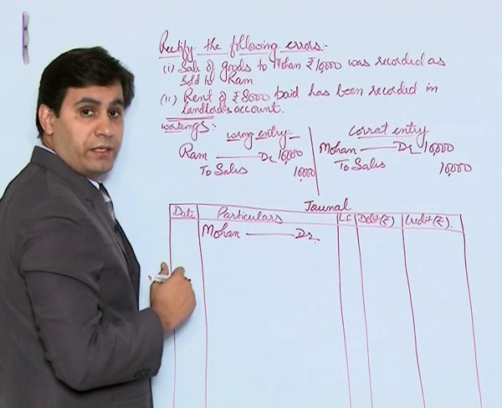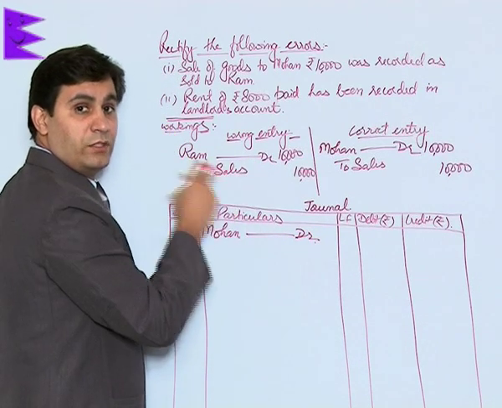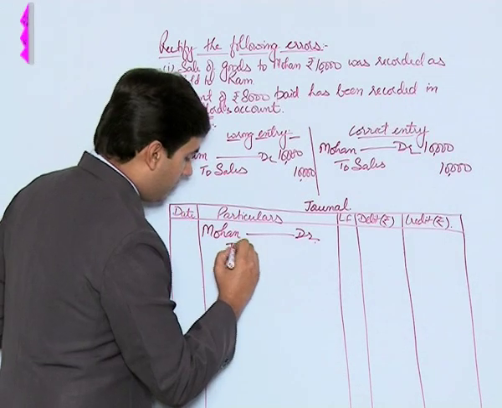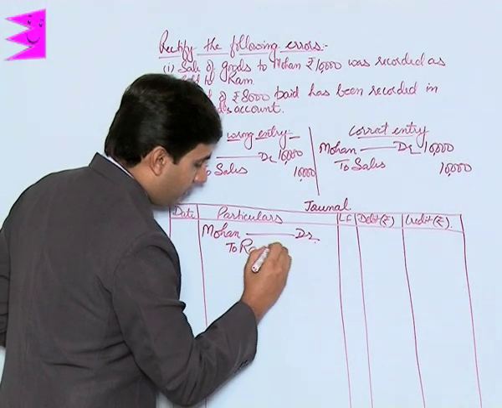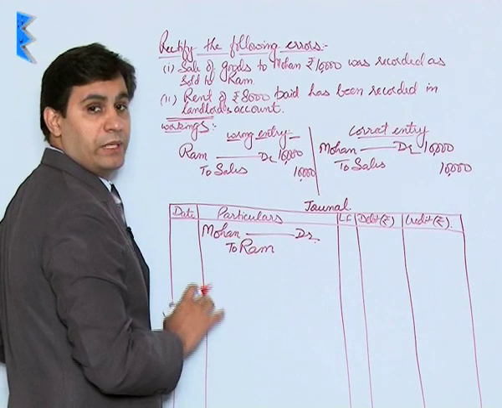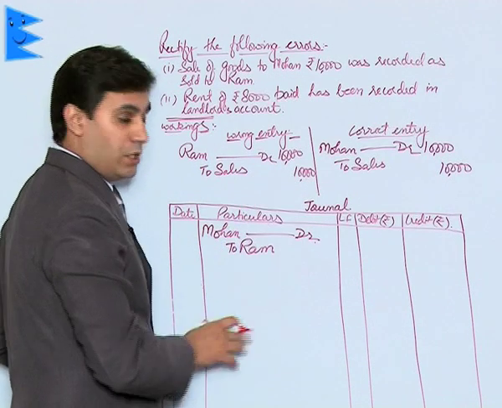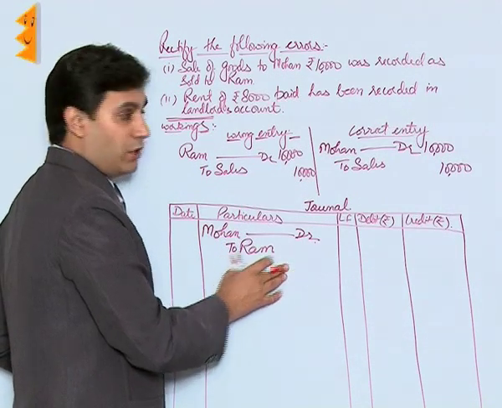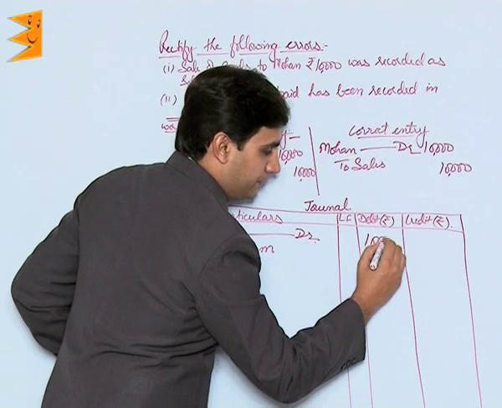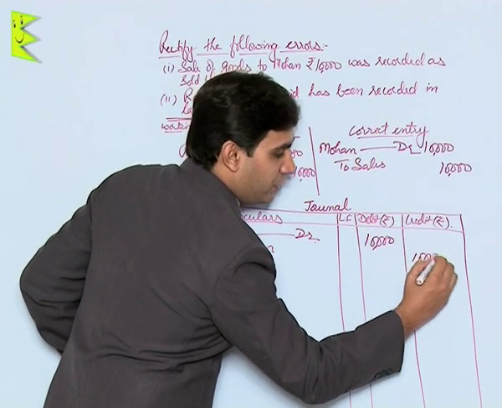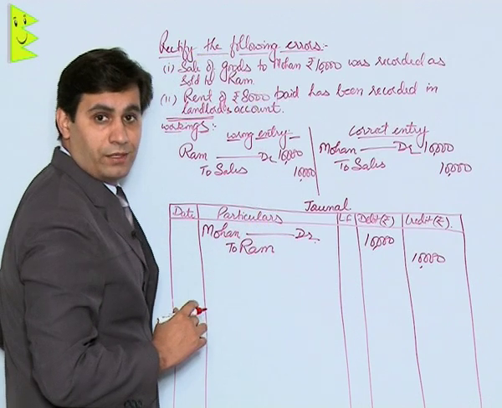Ram was wrongly debited. So to cancel the effect of this debit, we will credit Ram. So the entry would now be Mohan to Ram. Once this entry is passed with an amount of 10,000 rupees, the effect of this error would be nullified.